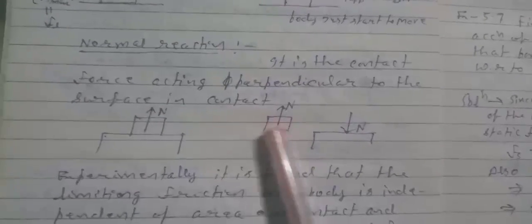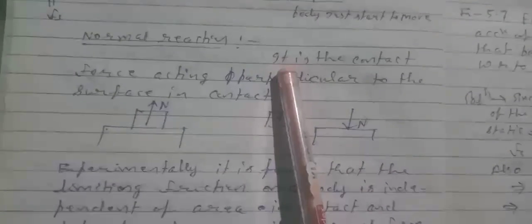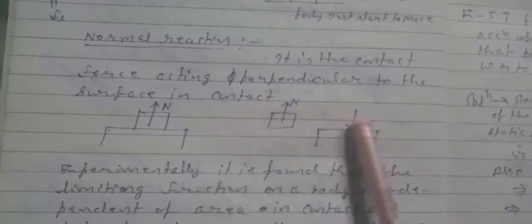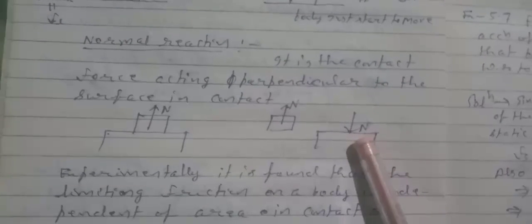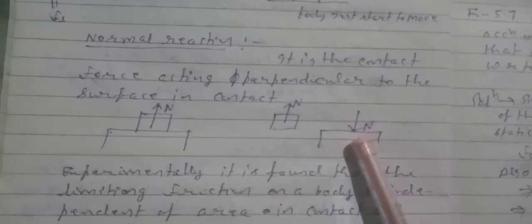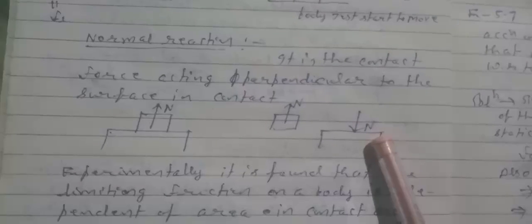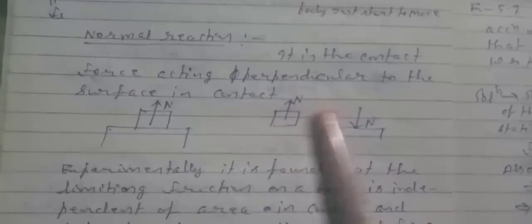Here the situation is shown in the figure. A normal force is acting on the body in the upward direction due to the table surface, and the block is applying force on the table in the downward direction, and these are equal in magnitude but opposite in direction.